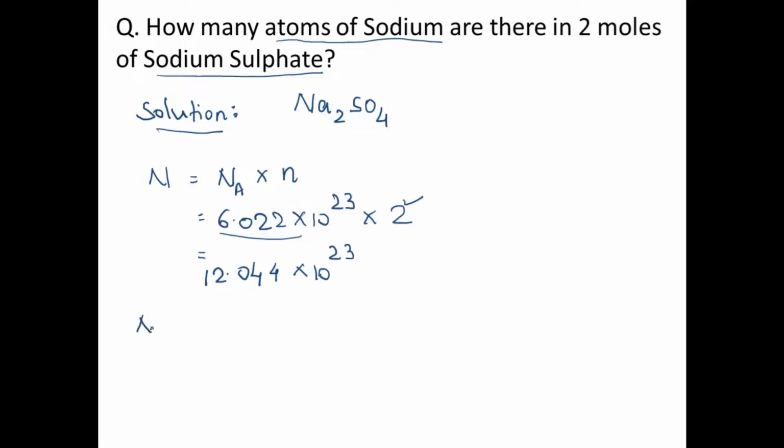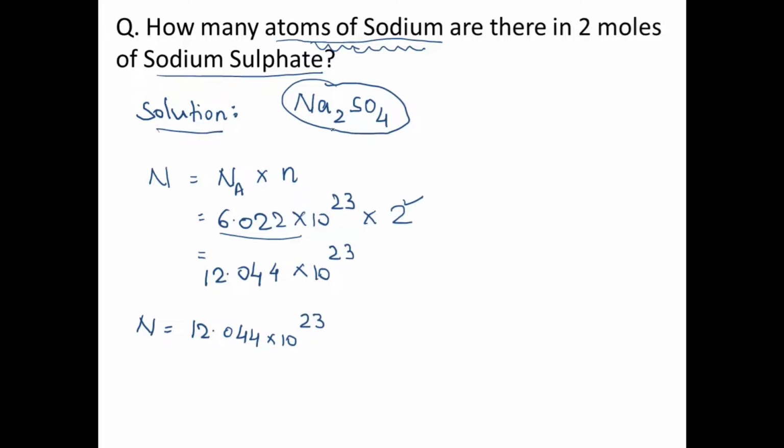Now most of the children will leave the question here and think that this is the answer, or if it is an MCQ type question, they will tick this option, which will be wrong. Because this number of particles we have found out is for sodium sulphate. But in the question, they're asking only how many atoms of sodium there are.